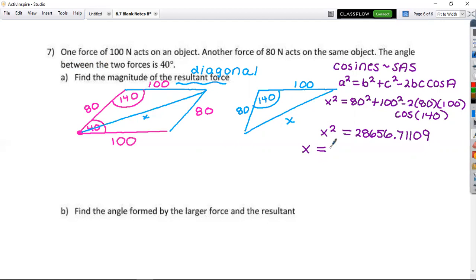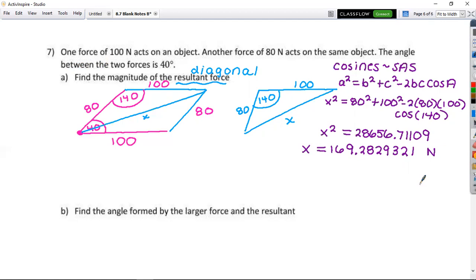And I get an answer of 169.2829321. This is the answer that you have to continue with in part B, okay? But when it gives you the little box to type, you can obviously round it at that point. All right, and this would be in newtons.